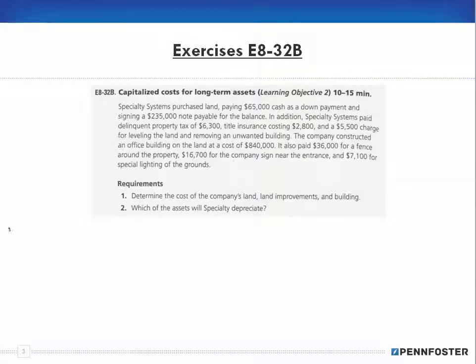Okay, so for the land, they paid $65,000 in cash as a down payment and a $235,000 note for the balance.